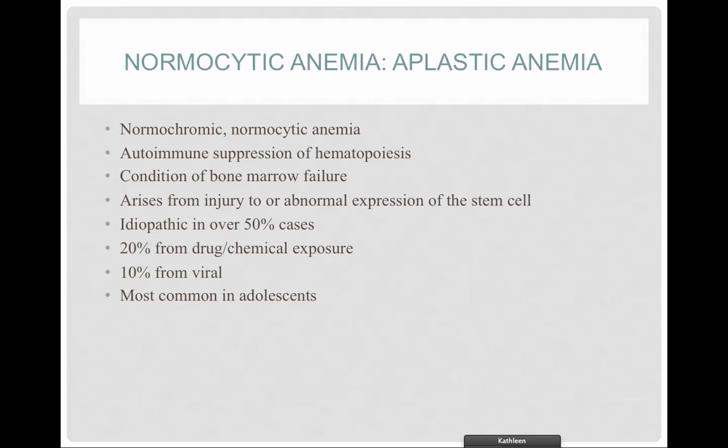So normochromic, mean corpuscular hemoglobin concentration, is an MCHC of 31 to 35. Normocytic MCV is 80 to 99.